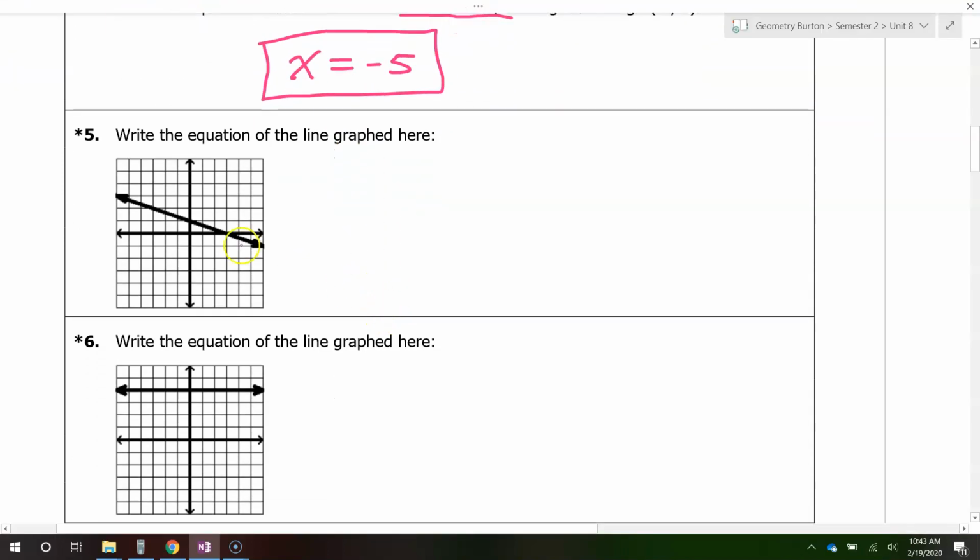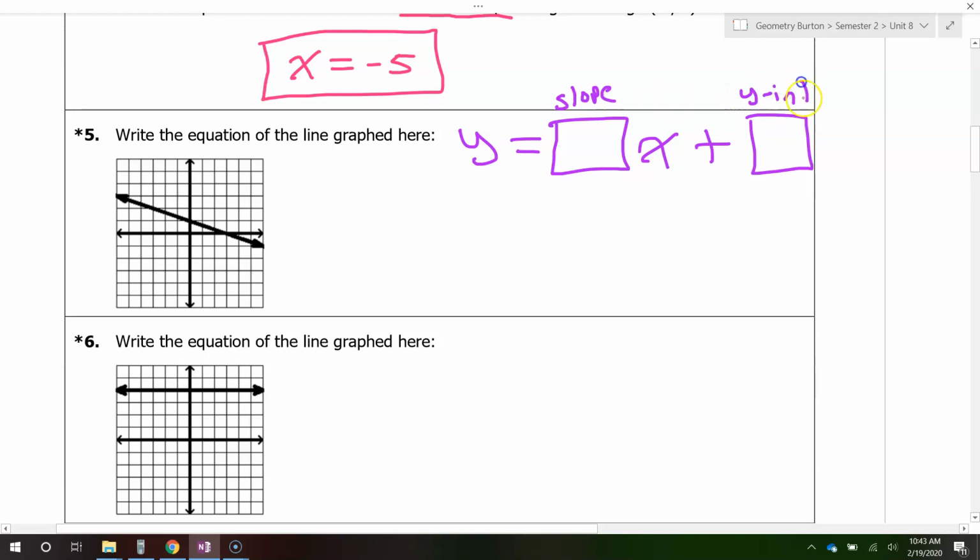Now, write the equation of the line that's graphed here. So again, we are doing this. Y is equal to something x plus something, where we will need the slope right here, and we will need the y-intercept right here. Okay, so how about the slope?